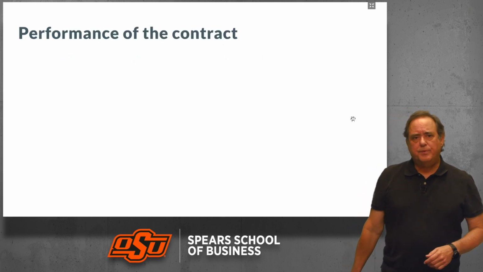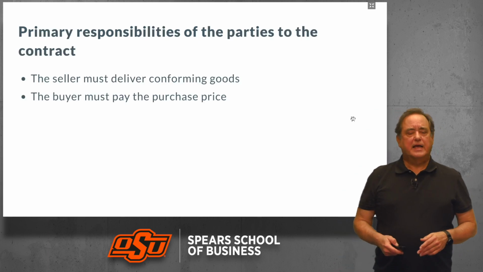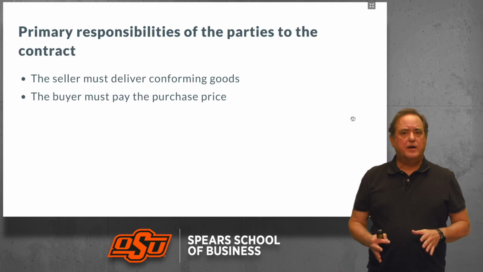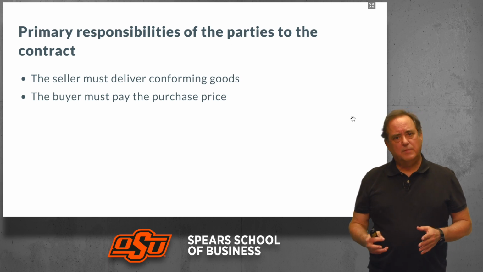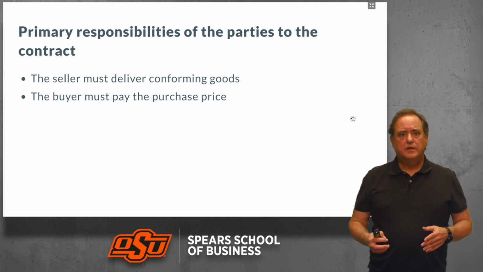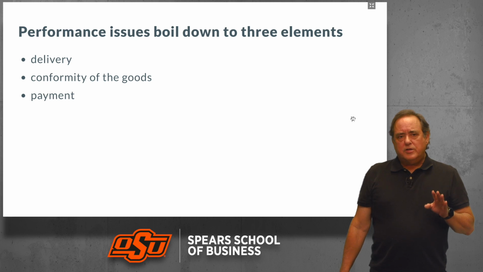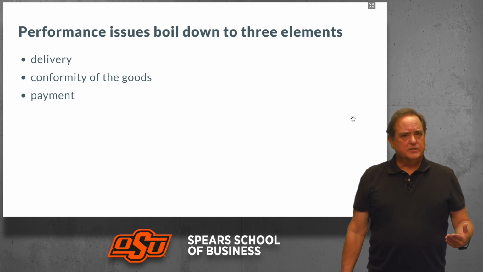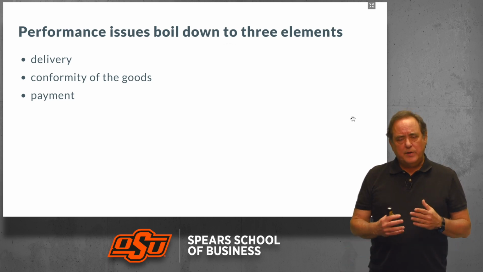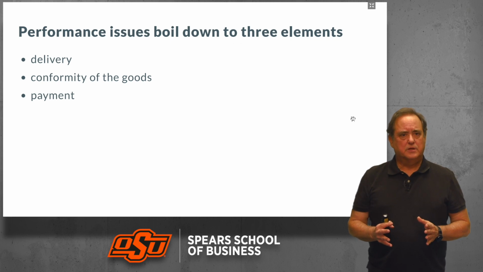So let's start with performance of the contract. As I said, there are certain primary responsibilities of the parties to the contract. The seller must deliver conforming goods. The buyer must pay the purchase price. When we are talking about performance, it really comes down to three elements, which is to say delivery.